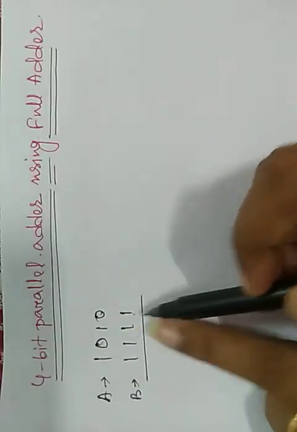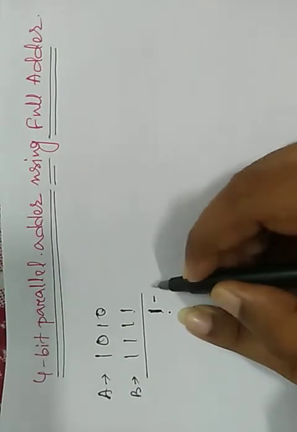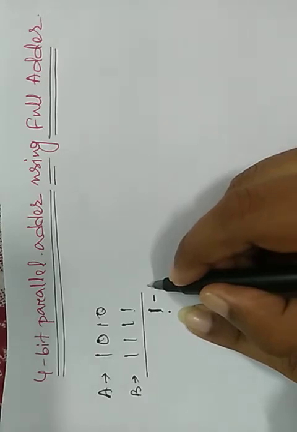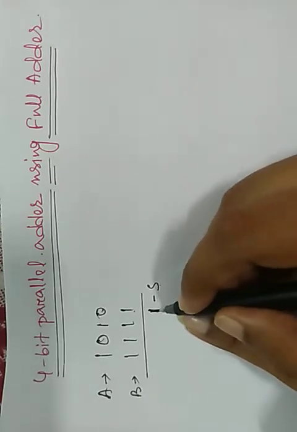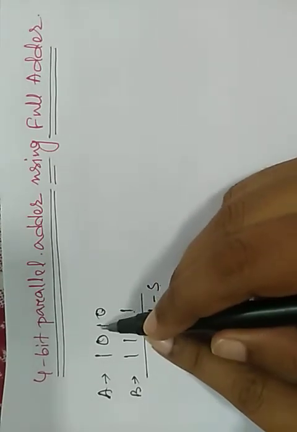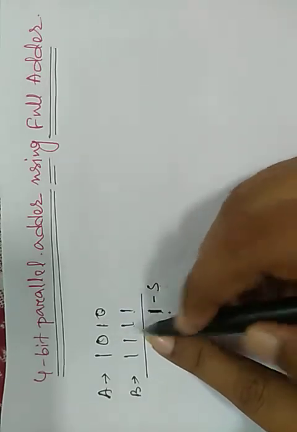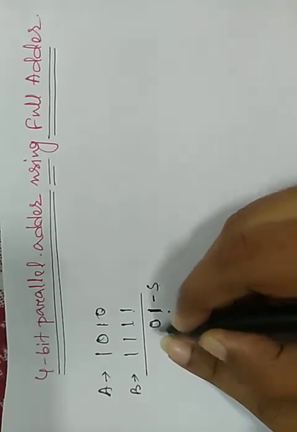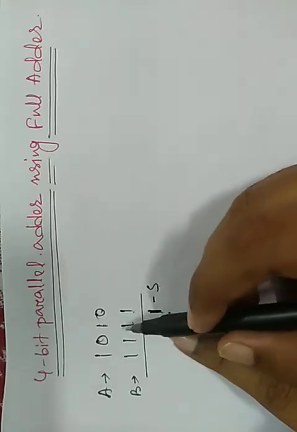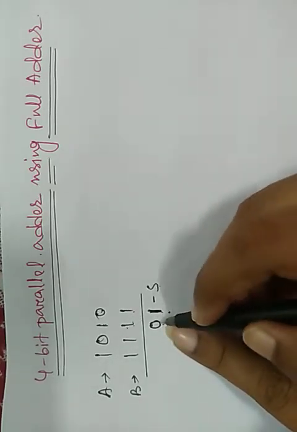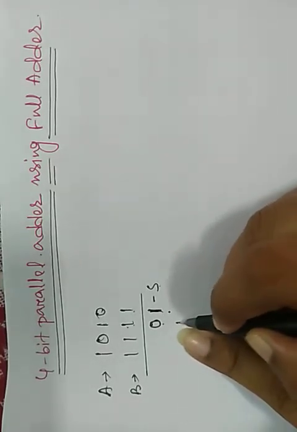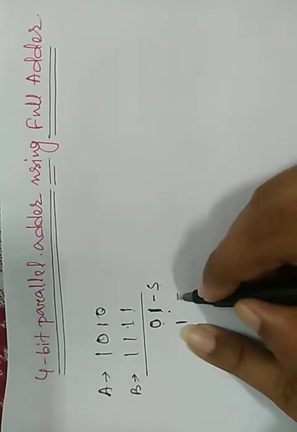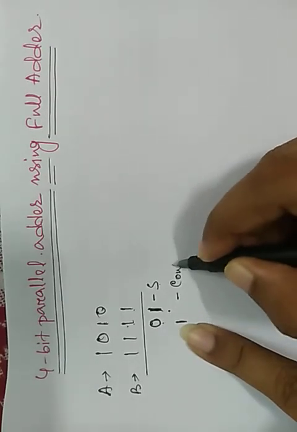So here 0 plus 1 is our sum bit, and as there is no carry, now 1 plus 1 means 0, and we get carry 1. I am writing the carry at the bottom; this is the carry out.